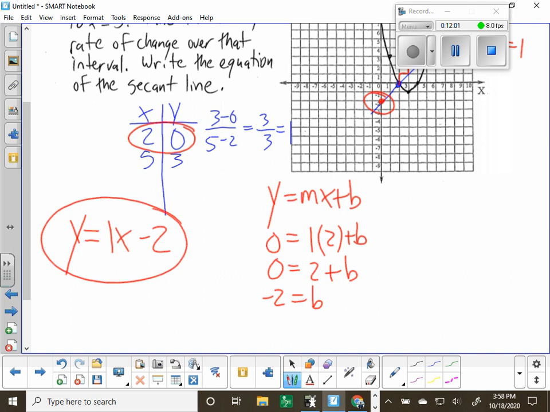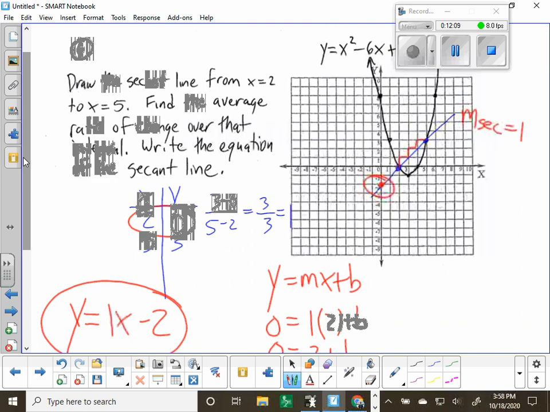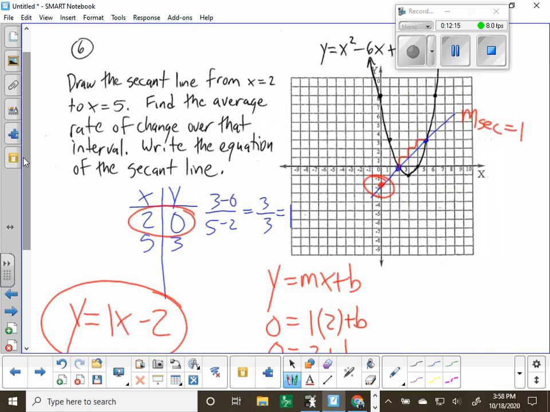So that's the equation of the secant line, which shows us the average rate of change over that interval. So it's changing at a rate of 1 over that interval. So my analogy was this: the blue line represents like a straight road and the black curve represents a curvy road. We just made it go straight. So the average change over that interval is that straight line, and it is changing at a rate of 1.